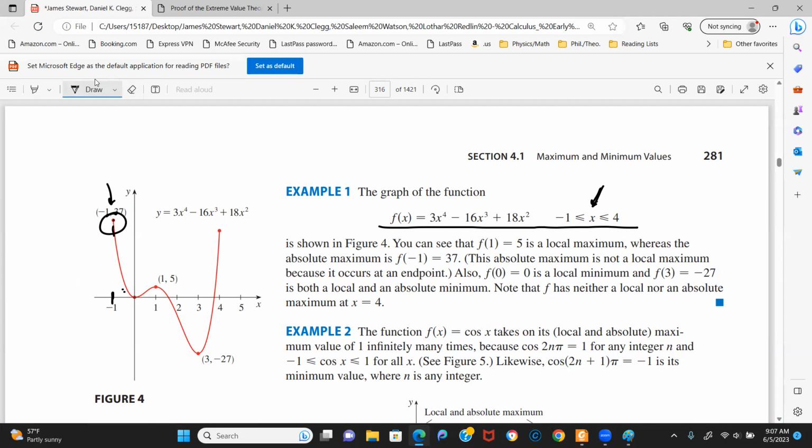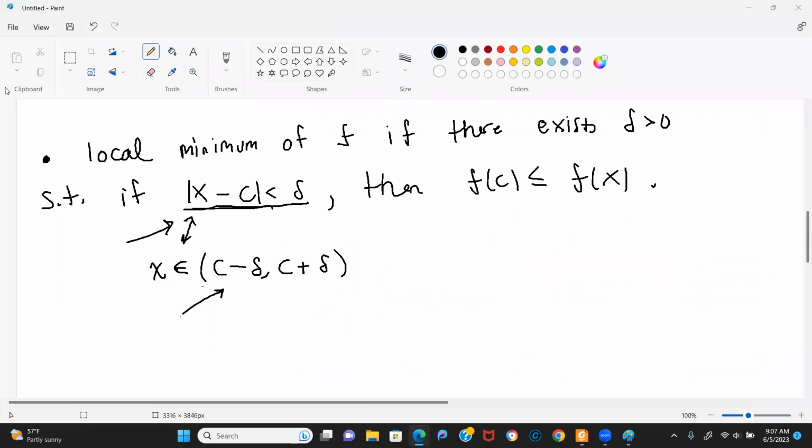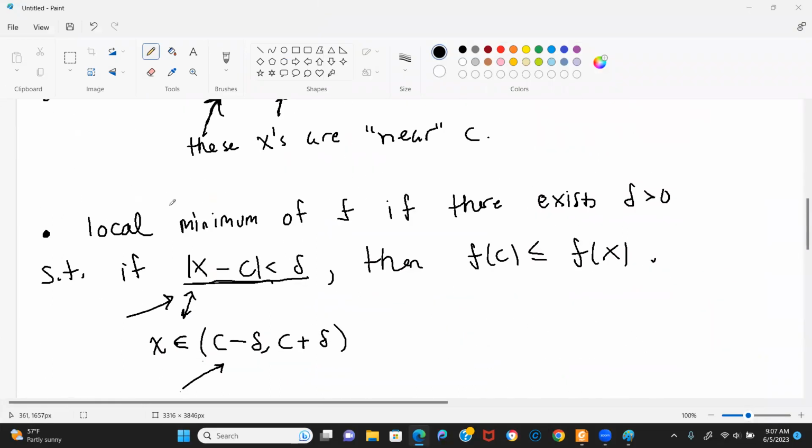I should have also mentioned that. Let me pull up this definition, this local version with these epsilons and deltas. Not only do you need to satisfy this inequality, and it's kind of obvious, but x also has to be in the domain. So you have to be in the domain of the function and be very close. That's what this inequality expresses.